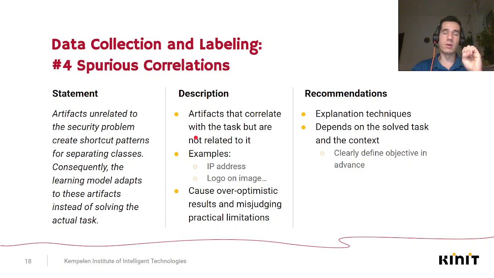What does it mean, or what are the examples? For example, when we consider network intrusion detection, we typically have packets or network flow data, and there is some IP address, of course. And our dataset may be formed in such a way that only a certain set of IP addresses performs attacks and does not really perform any benign communication.